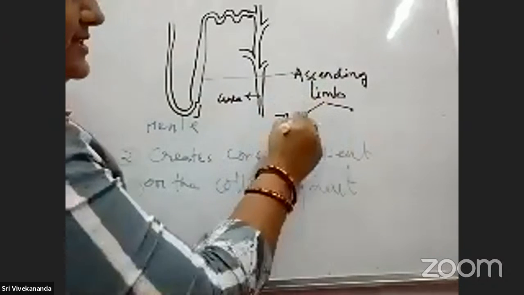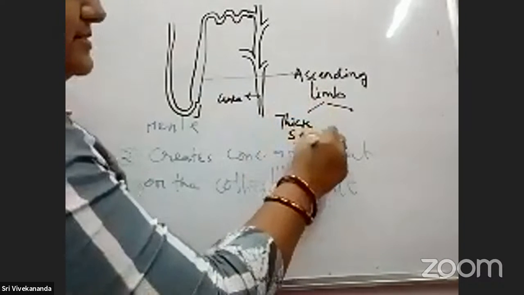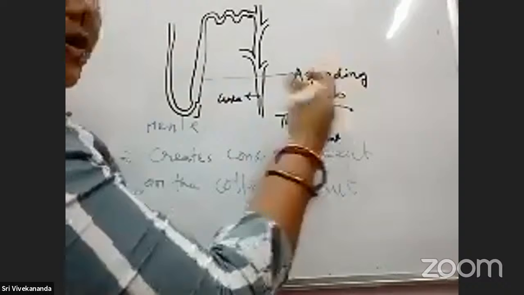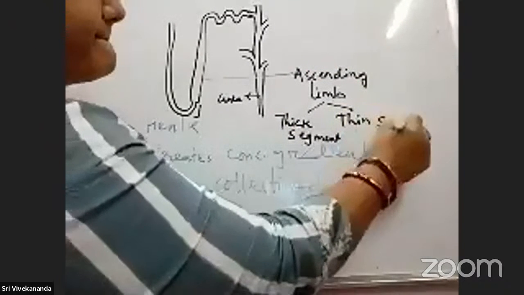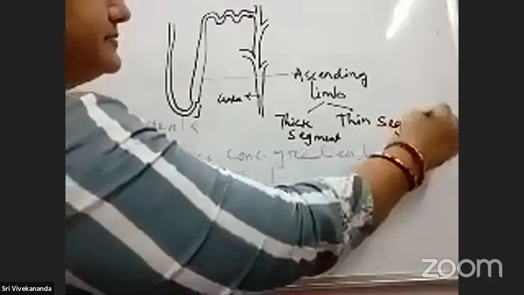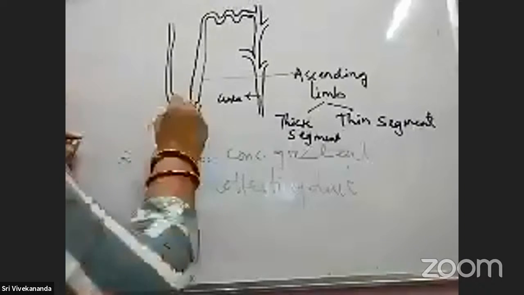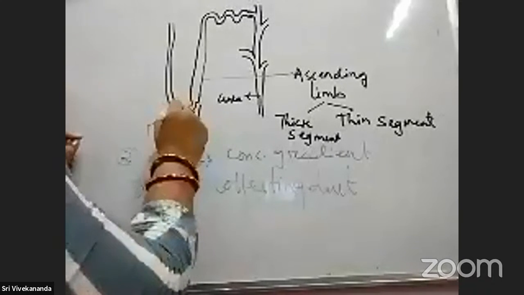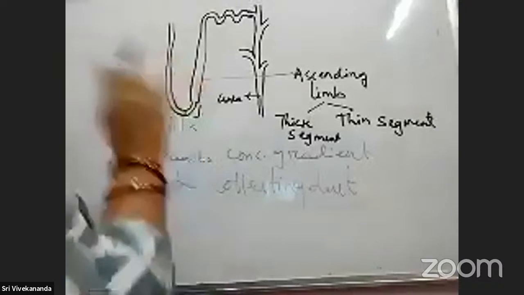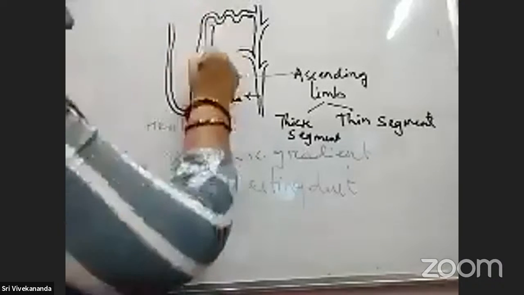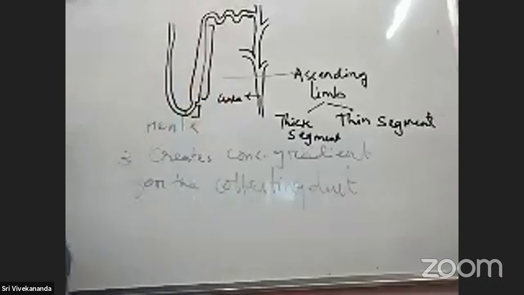One is the majority part, the thick segment, and the small part is the thin segment. From this point it is ascending limb, but it has two segments: the thick segment and the thin segment.